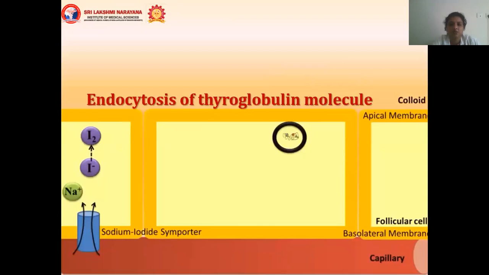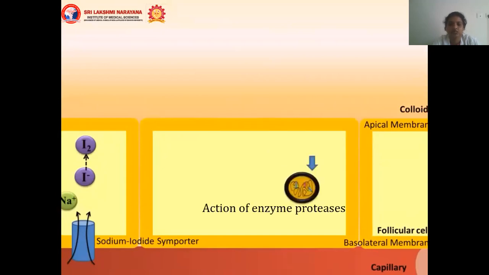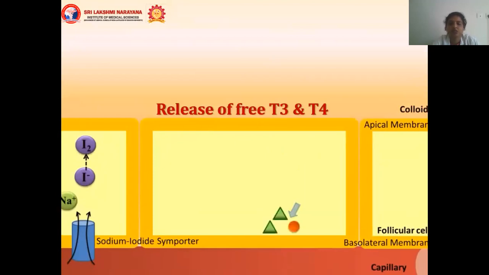So when there is a demand, the endocytosis of the thyroglobulin molecule occurs and it enters into the follicular cells. Inside the follicular cells, there is fusion of the thyroglobulin with the lysosomes, and there is action of the enzyme proteases which will release the free T3 and T4.